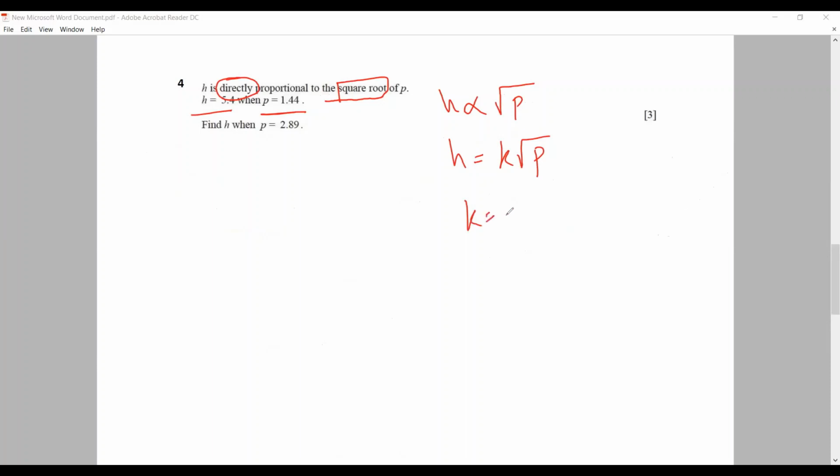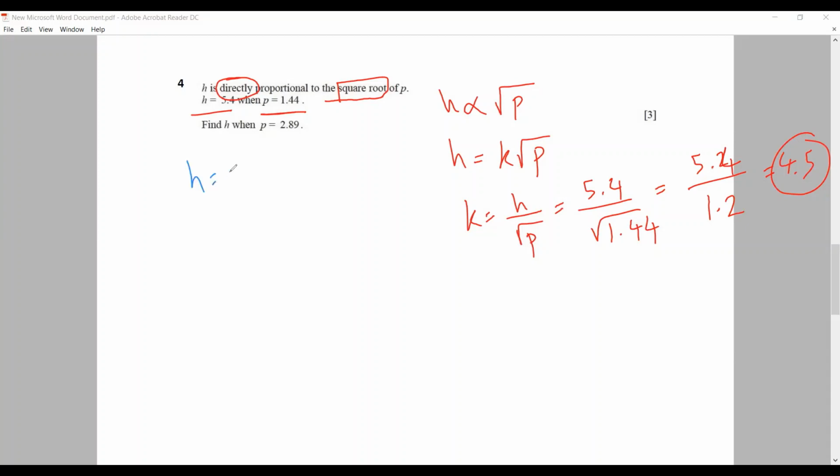So if p is 1.44, k is basically h over square root of p, and that is 5.4 over square root of 1.44, which is basically 5.4 over 1.2, and that is 4.5. Okay, so the formula now is complete because k is found.